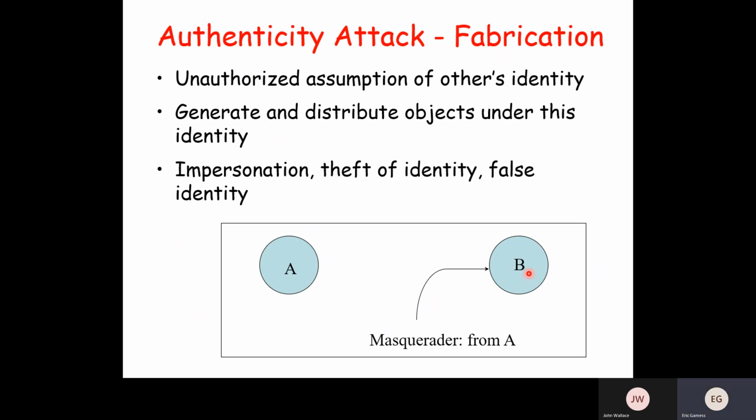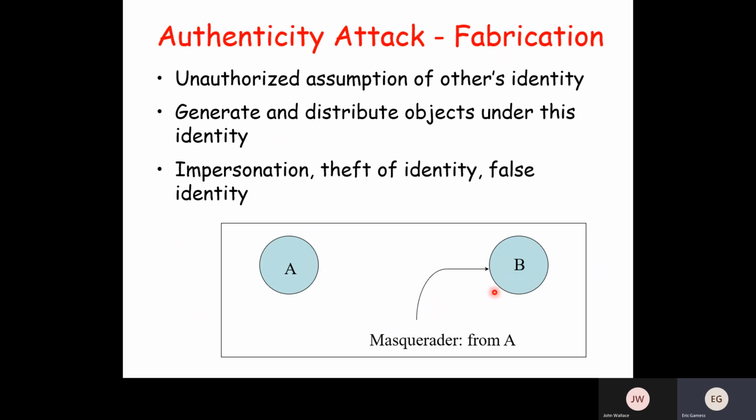It might be very challenging for Bob to realize that the message is not sent by Alice, because Trudy did what we call masquerade her identity, or there is a term in English that is, she impersonates the identity of Alice.